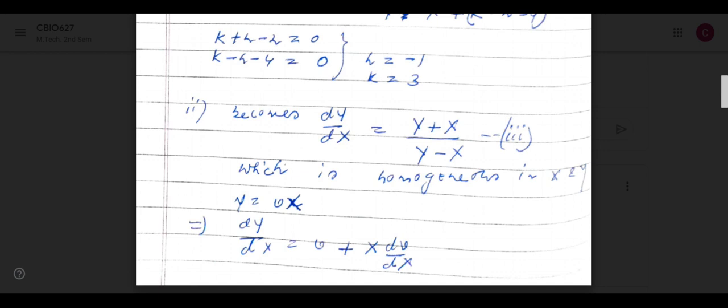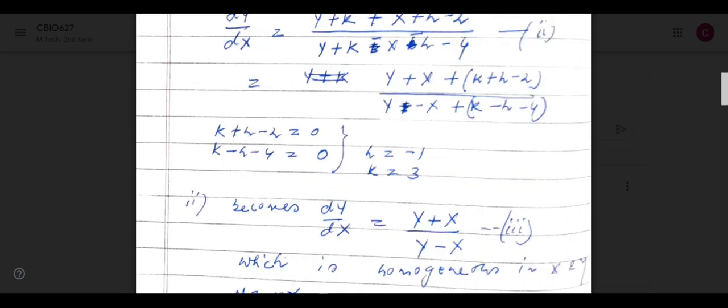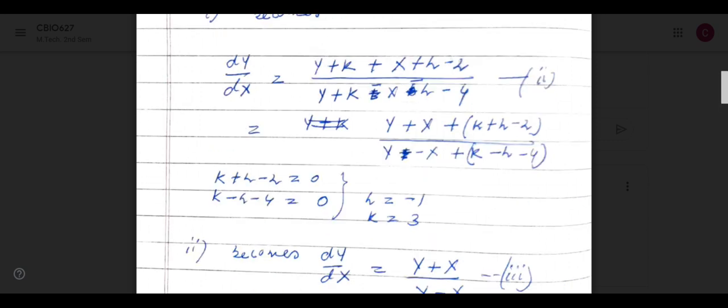Then dx equals dX, and dy equals dY, with the right side in capital X and Y. Then you try to convert equation 1 to equation 2. All of you try. Convert equation 1 to equation 2 after substituting x equal to X plus h, y equal to Y plus k.